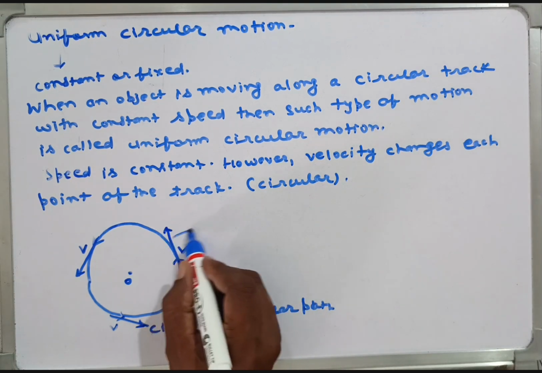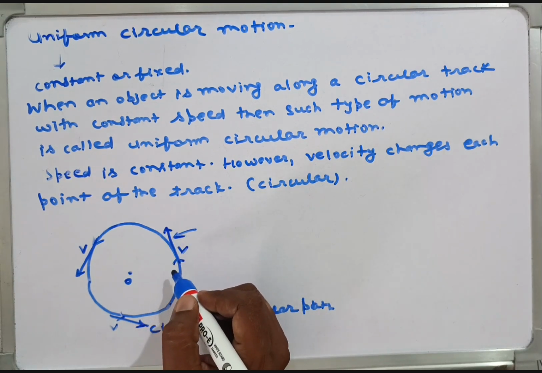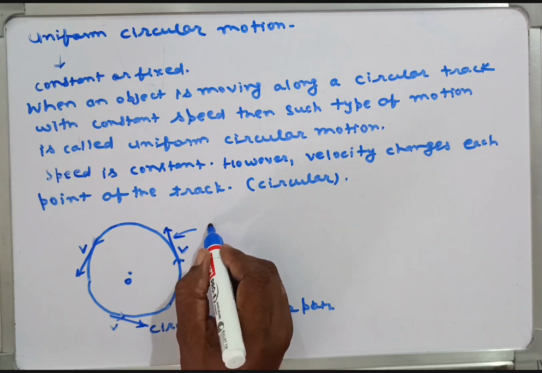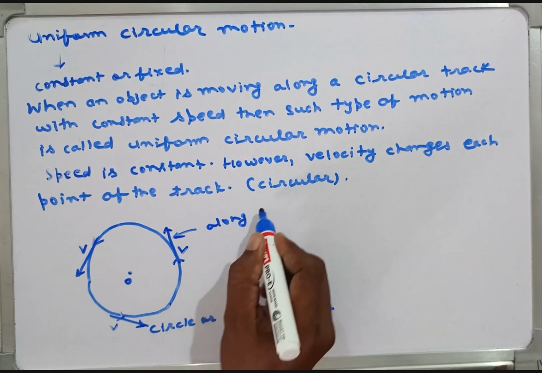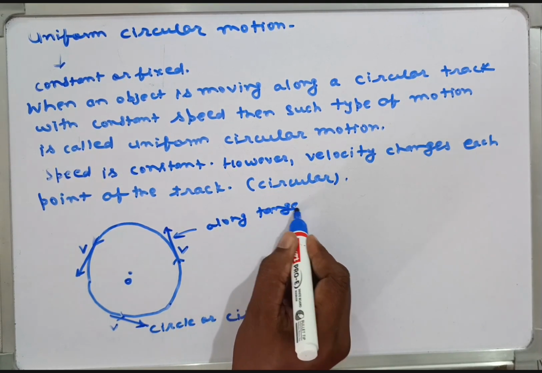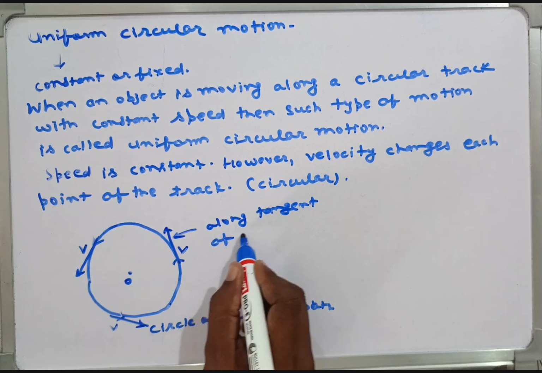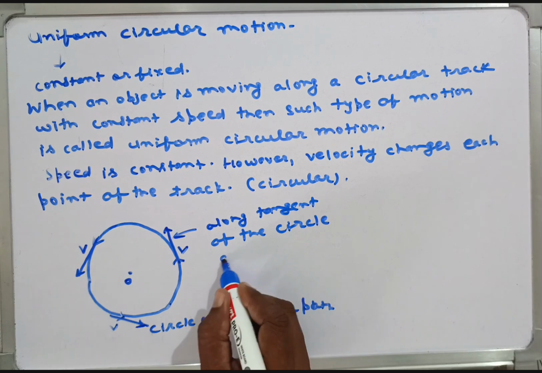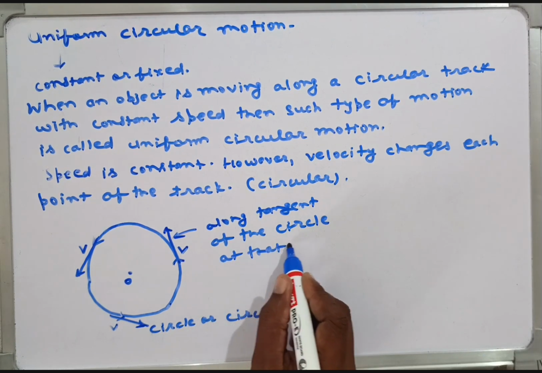So the direction of motion of the object on this track is along the tangent of the circle at that point.